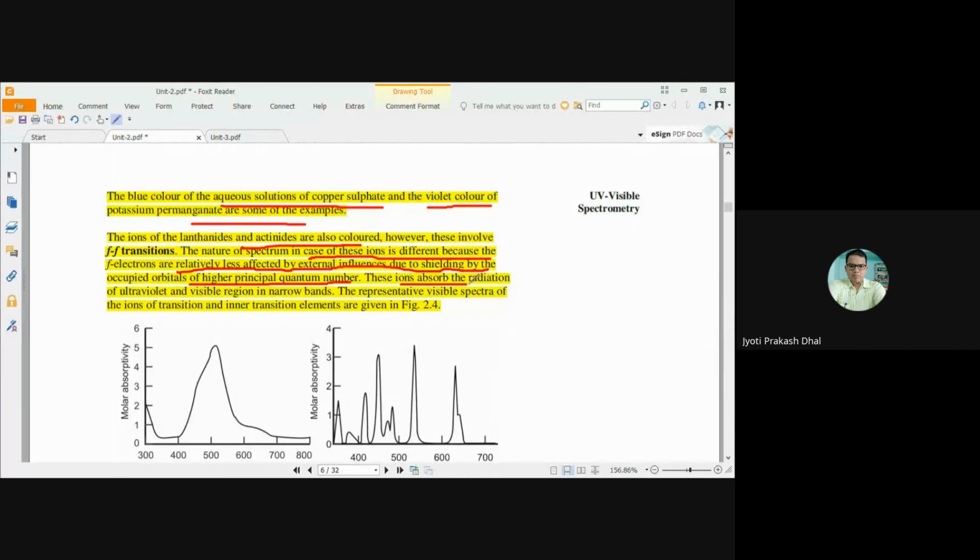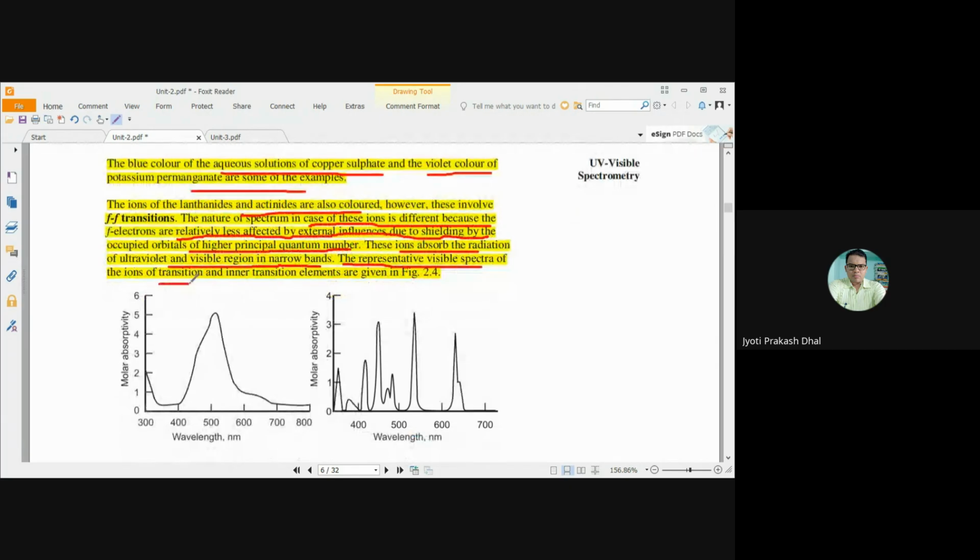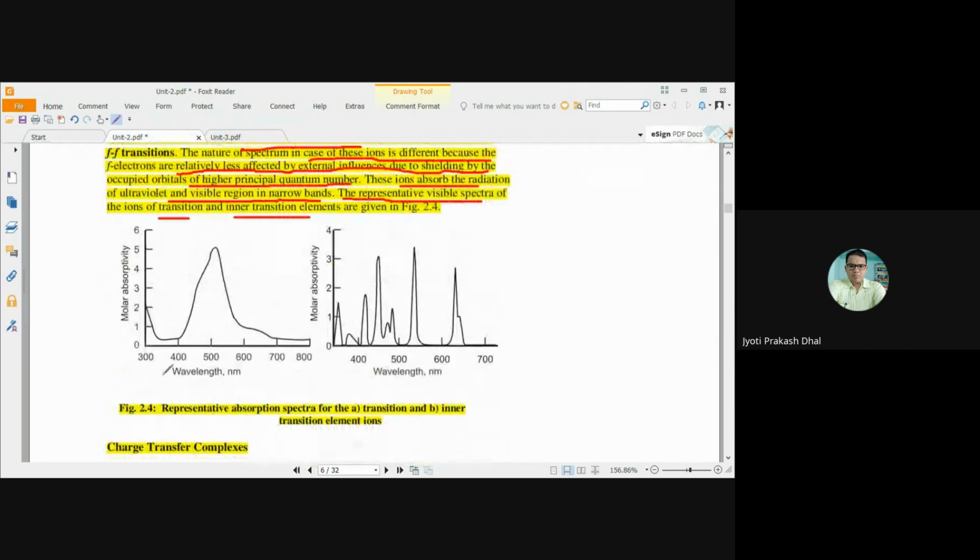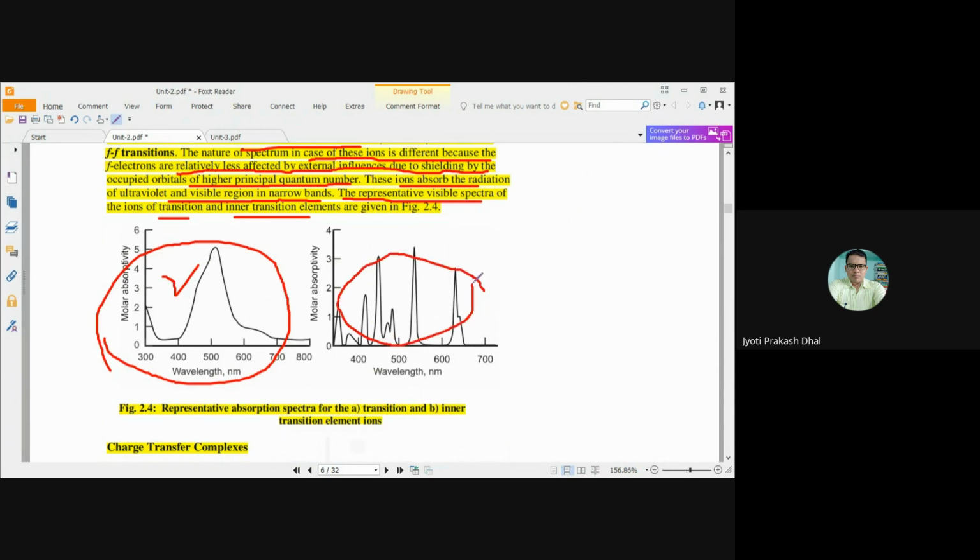So the ions absorb ultraviolet and visible radiation in narrow bands, and the representative visible spectra of transition metal complexes and inner transition metal complexes are given below. So these are the electronic transition spectra in the UV-visible region for transition metal complexes, and these are for inner transition metal complexes or metal ions.